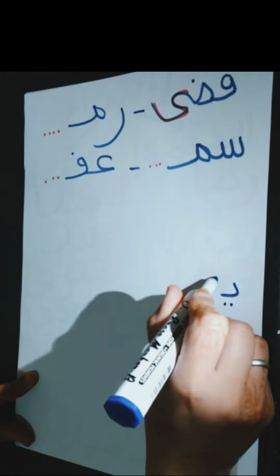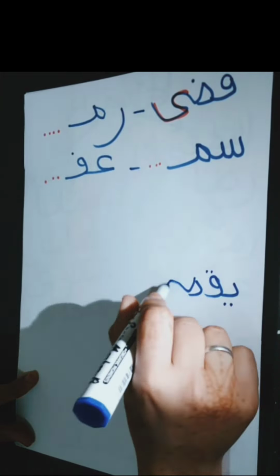Yaqdi, it's end by ya, and we said before, if we put it in present tense and it's end by ya, then we write alif al-maqsura. Yaqdi, okay? Okay, we will write it the first answer.